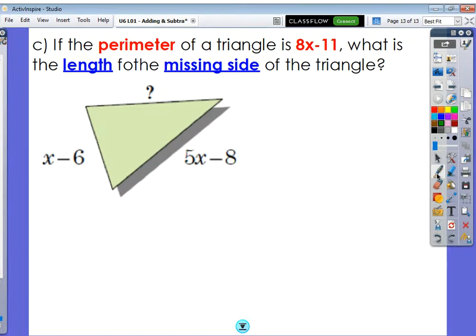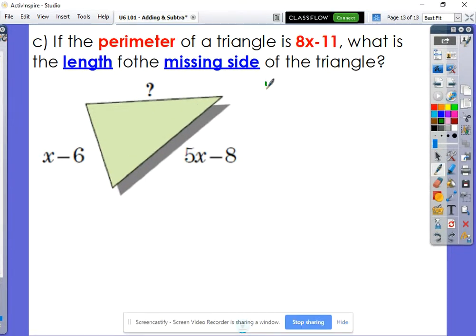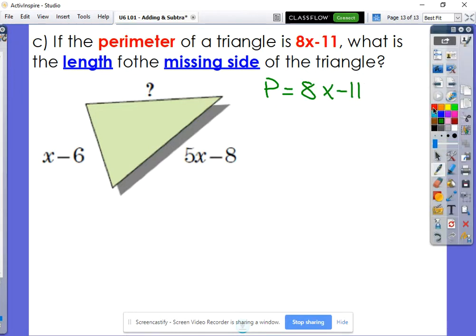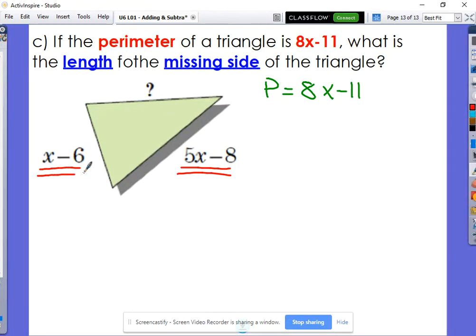Our total, our perimeter, equals 8x minus 11. Then the two sides that we know are 6x minus 6 and 5x minus 8. The first thing you want to do is find the sum of those two sides.